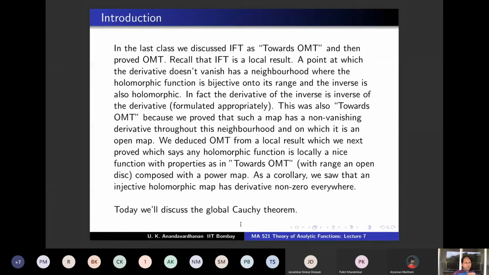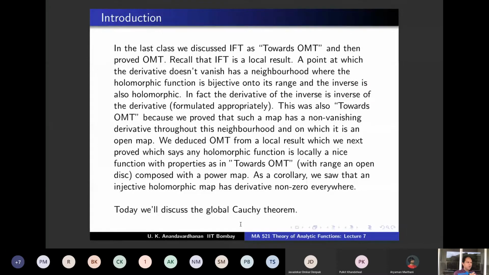We proved Cauchy theorem for triangles, where omega was anything, no restriction, but the path was the boundary of a triangle, so some restriction on the path. Then as a corollary to this Cauchy theorem for triangles, we proved Cauchy theorem for a convex open set. So here the path gamma can be anything, but your domain was convex.